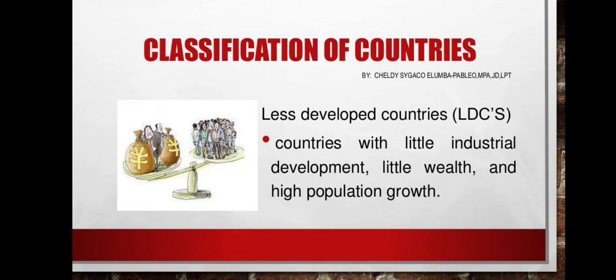So if the population is higher but the industrial development or wealth is little, then there is a problem. Probably those industries or resources could not afford to support the population because of the growing rate of people.